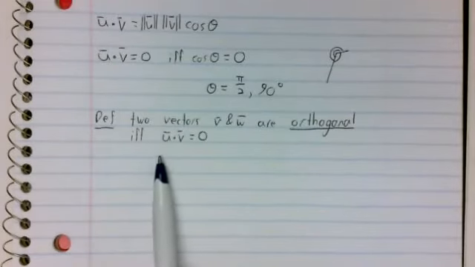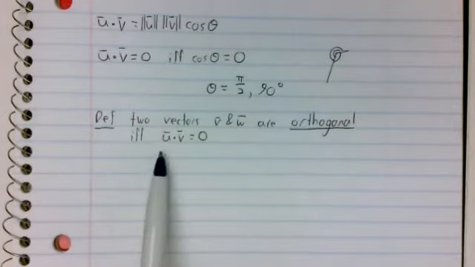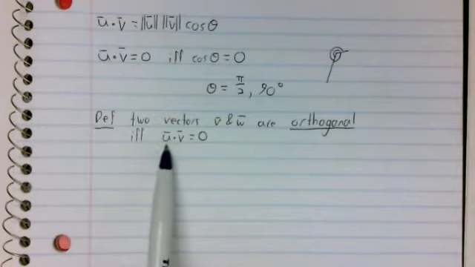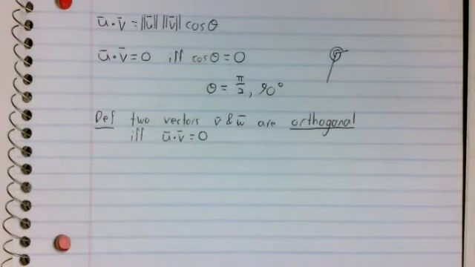And the intuition you're looking for geometrically is that these vectors intersect at right angles. In R2 and R3, where you can draw the vectors, that's literally the case.